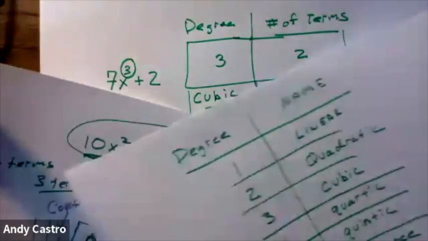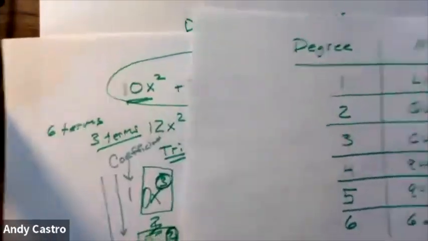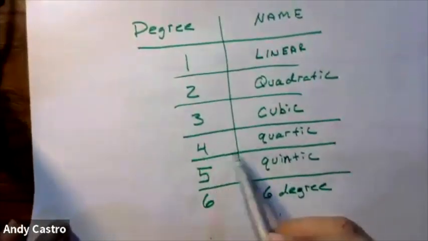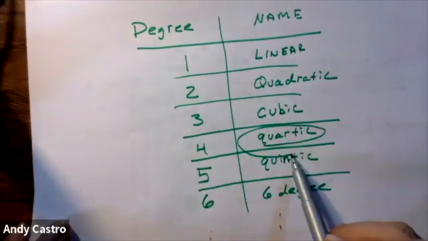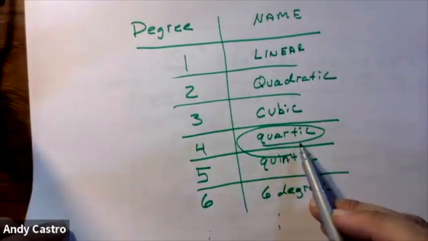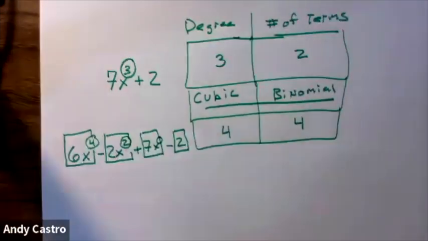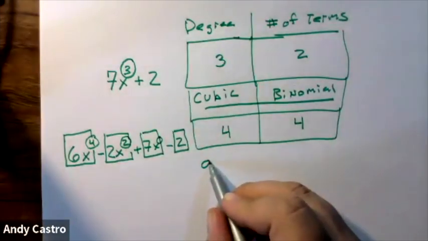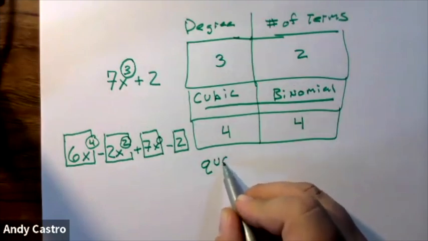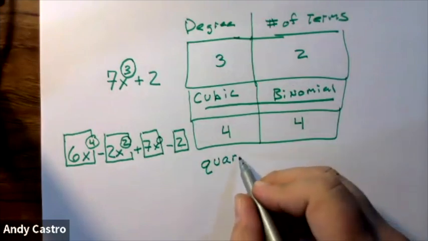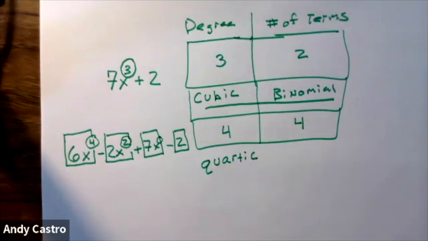So let's look at our chart. We have a degree 4. So that's going to be quartic. Degree 4 is going to be quartic. Quartic. And then let me get my other chart here.